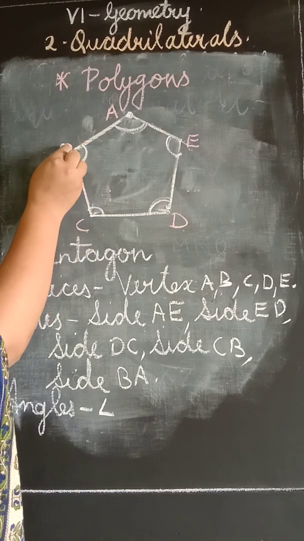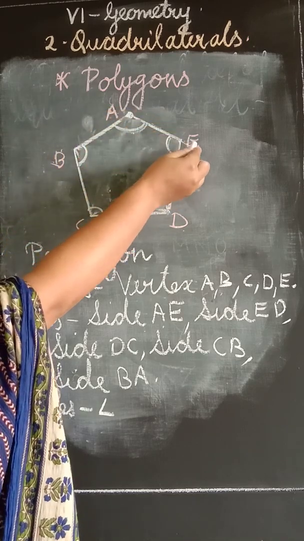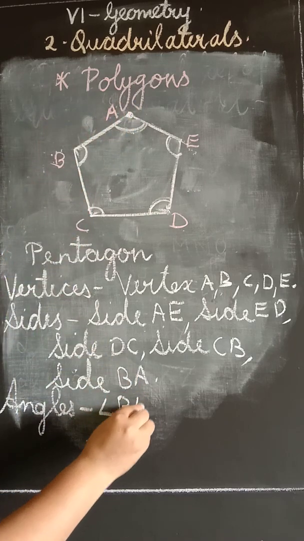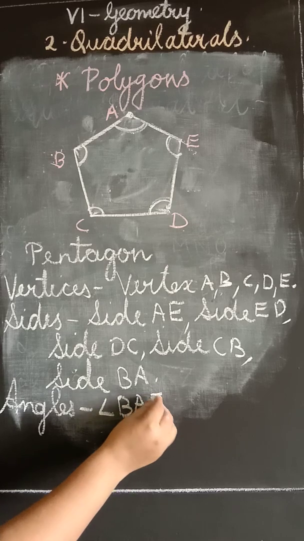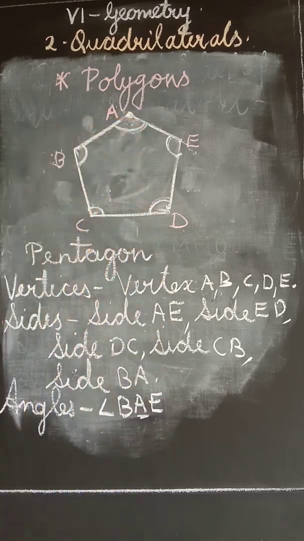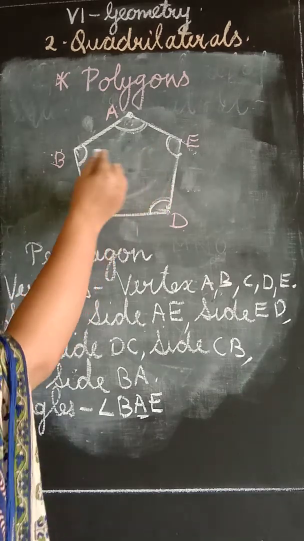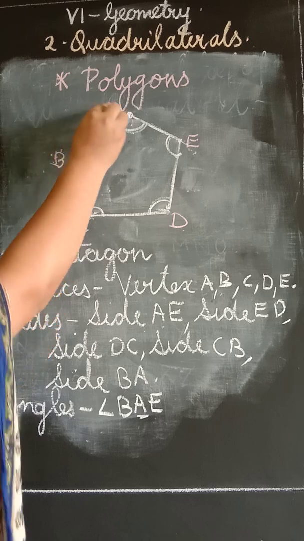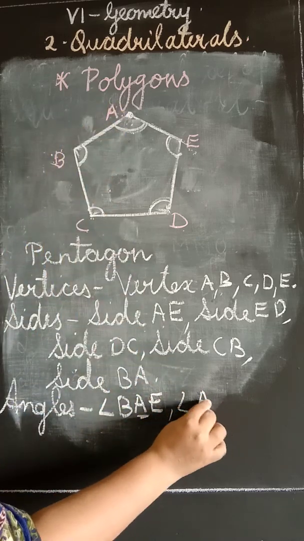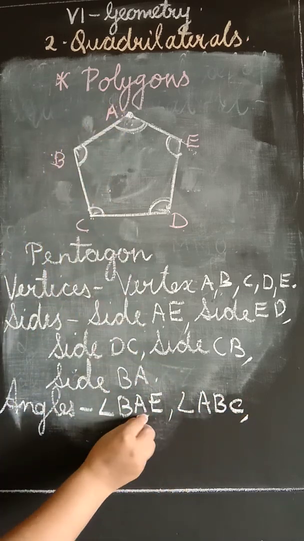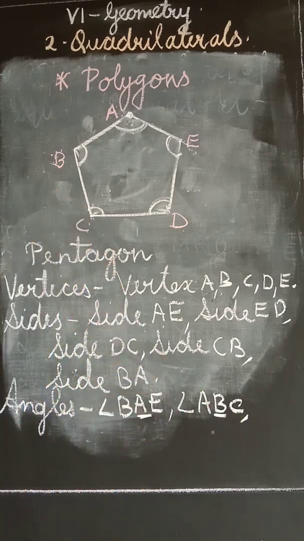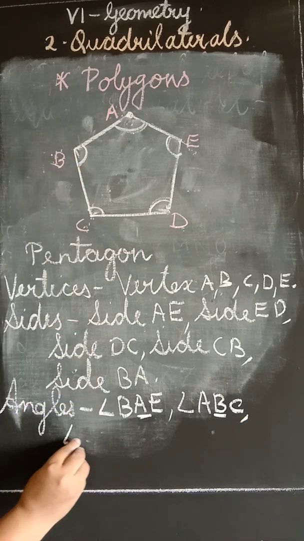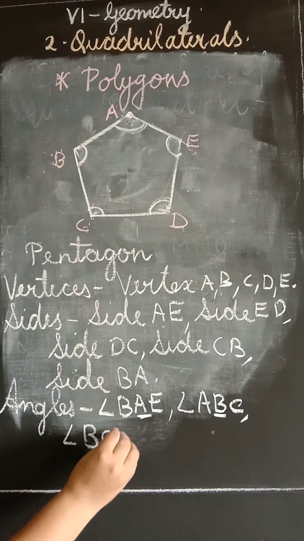Now I want angle A. Then 3 letters will start from B, A, E or from E, A, B. Angle BAE. Did I get A here? So this angle is over. Next, this angle. Then what can I name it? A, B, C or C, B, A. Angle ABC. A is over, B is over. Now C. B, C, D or D, C, B. Angle BCD.